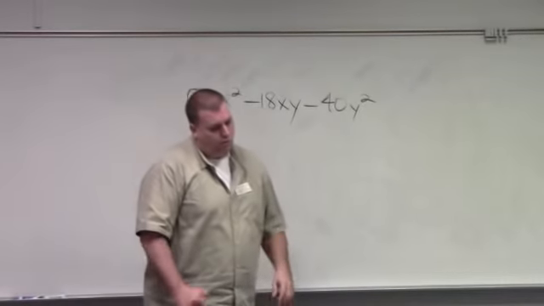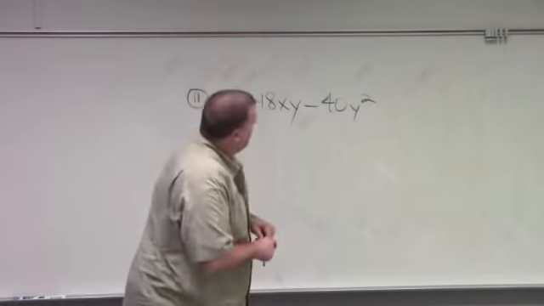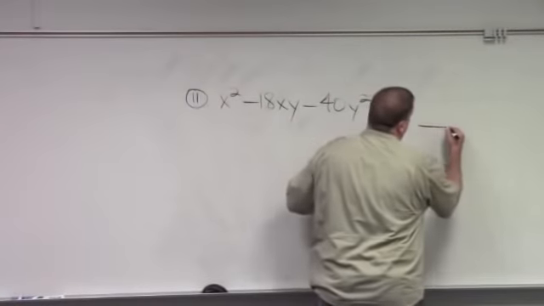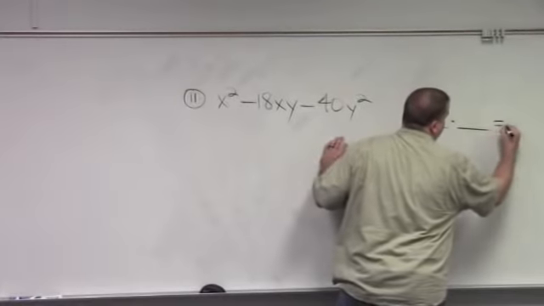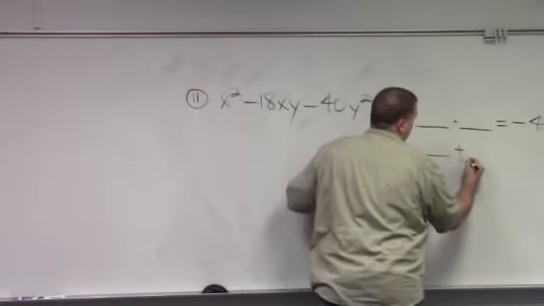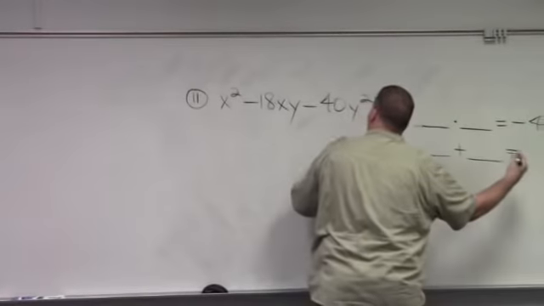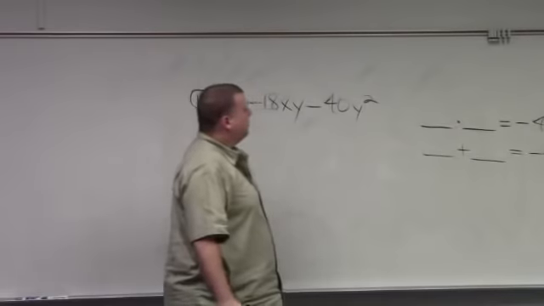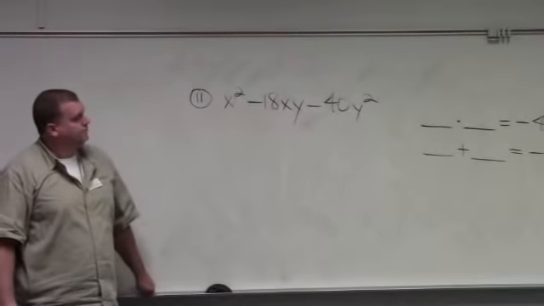Is our leading coefficient 1? Yes. So we're back to simple factoring. We're just looking for the numbers that multiply to give us a negative 40 and add up to negative 18. Negative 20 and 2. Why will that work?